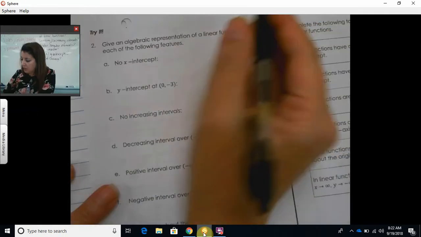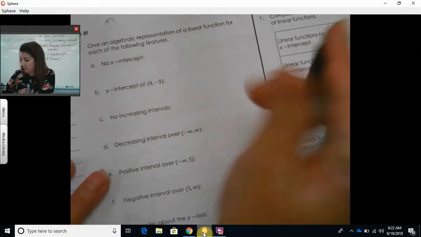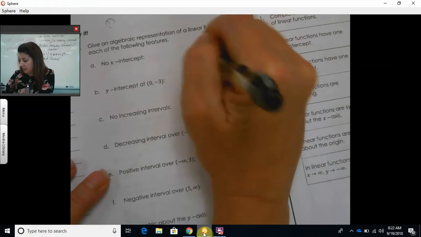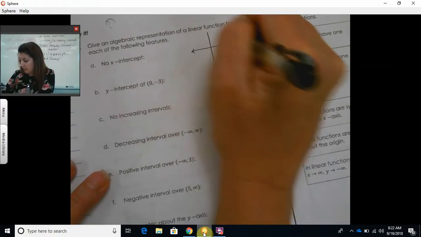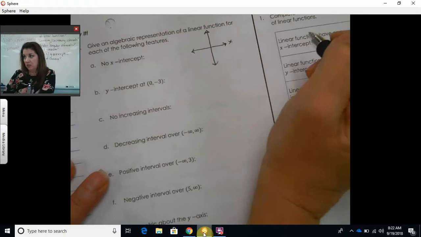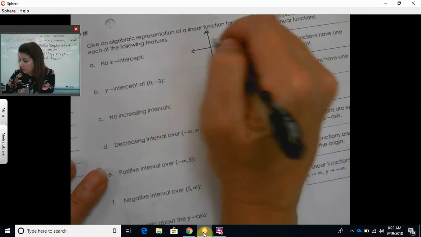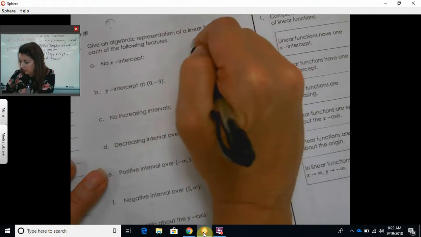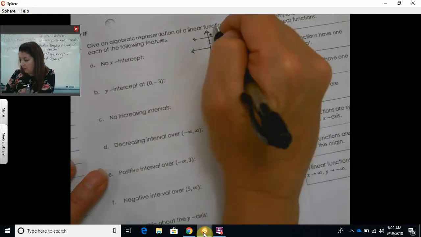So we want a line with no x-intercept. So if it cannot cross the x-axis, then it must be parallel to the x-axis, right? So I'm just going to draw a horizontal line that goes through 3 on the y-axis.